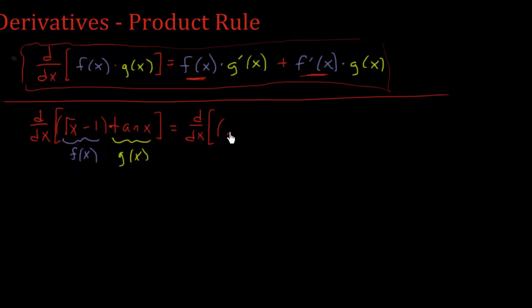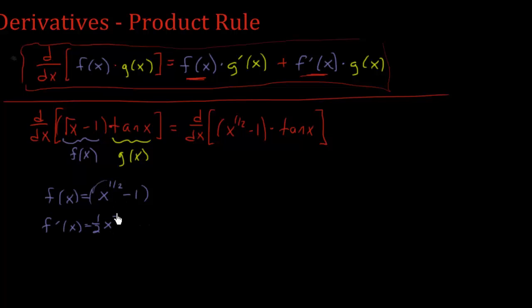We need to rewrite that as x to the 1/2 minus 1, times our second function, which is tangent. So let's write down our f and g. f of x is x to the 1/2 minus 1, and then f prime: you bring the 1/2 down, so you get 1/2, and then subtract 1 off 1/2, which is negative 1/2. The derivative of minus 1 is 0, so that's gone.